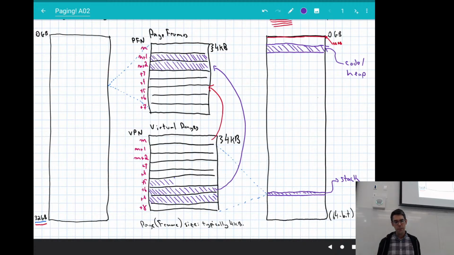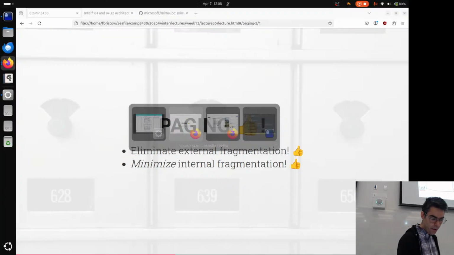So external fragmentation is solved. We have accomplished that because everything is fixed in size. We either have something free or we do not have something free. We don't have to look for things by doing linear searches. Internal fragmentation is minimized because we are slicing things so thin compared to what we were doing with segmentation, with base and bounds, sorry.